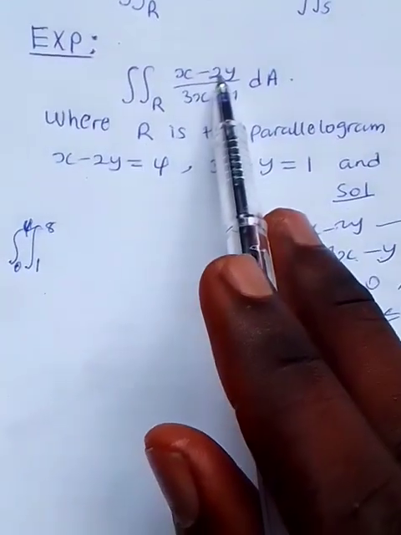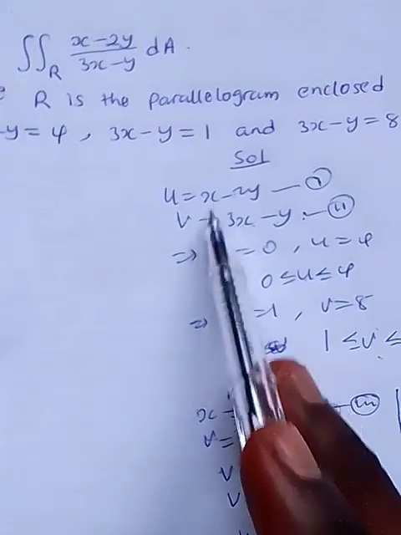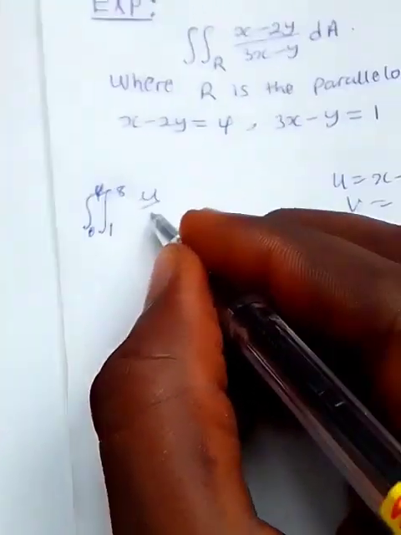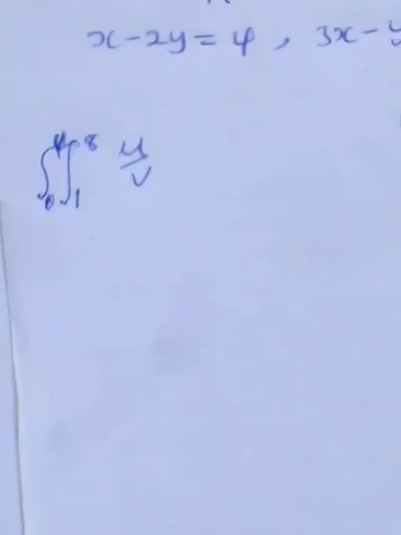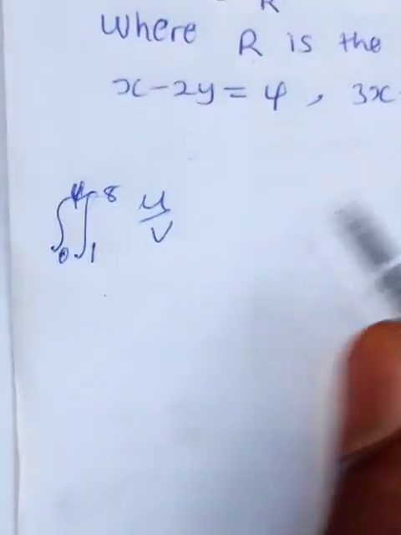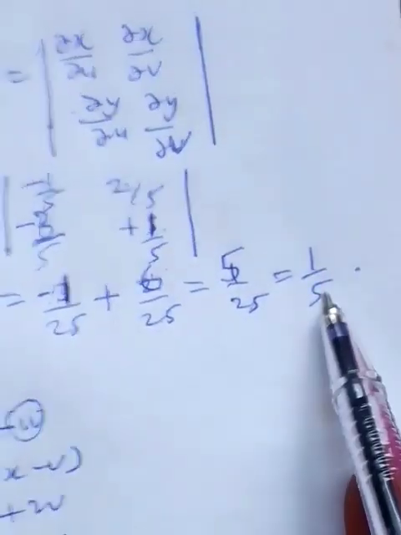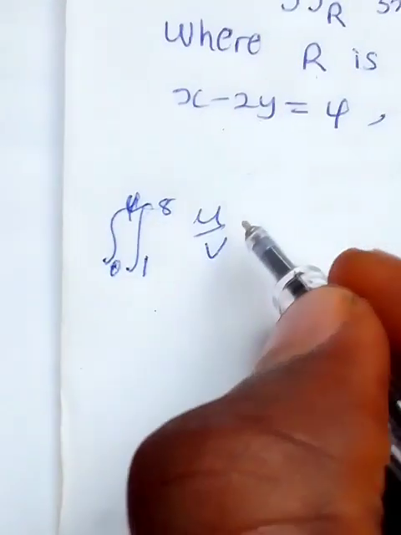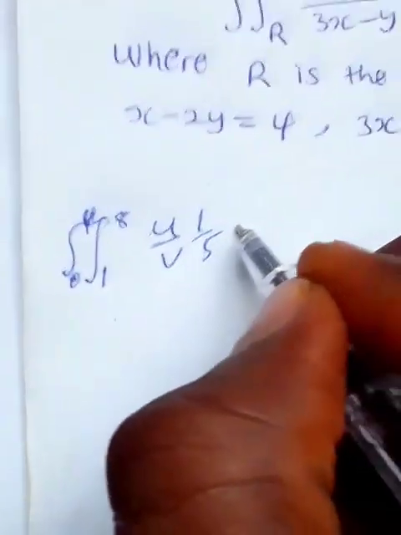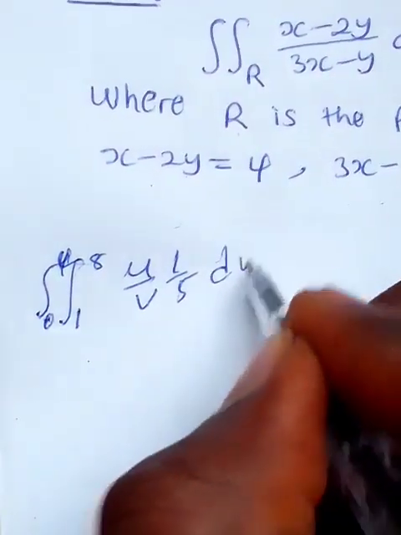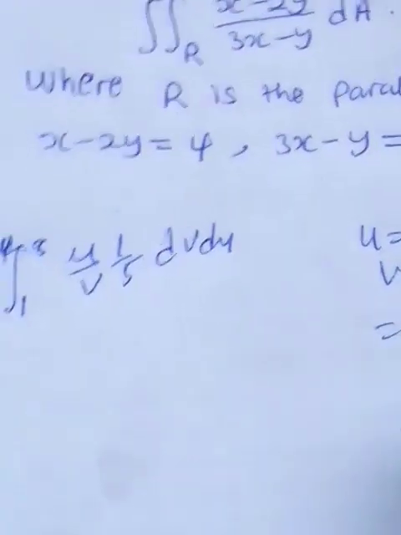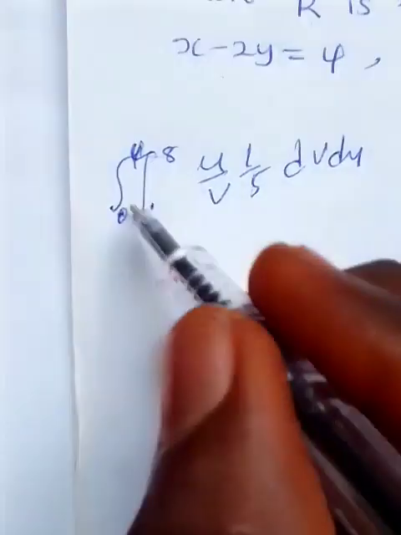Here, x minus 2y we have replaced with u, and the denominator with v, so we have u over v times our Jacobian transformation, which is 1 over 5, times dv du.